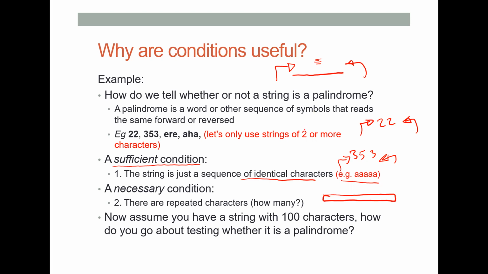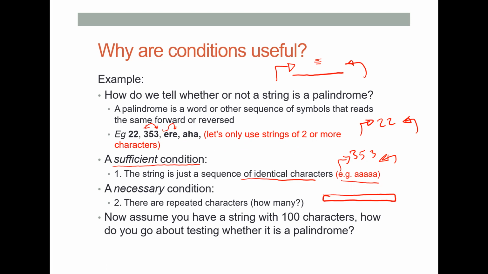And for the necessary condition, there are repeated characters. For example, in 3, 5, 3, the 3s are repeated characters, and E and E are repeated characters, and so on. Let's assume that we have a string of 100 characters.